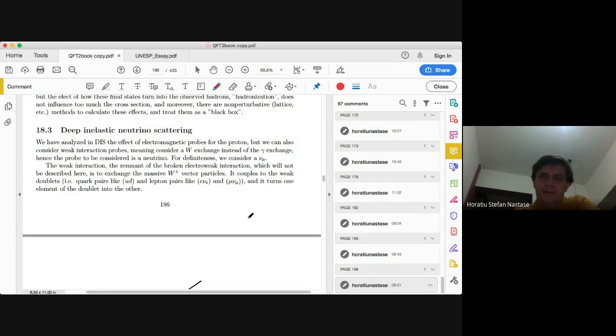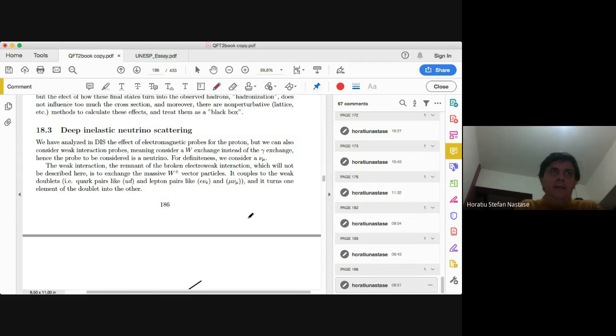But we can think of also probing the hadron, or particularly the proton, via the weak interaction, which means the exchange of a W, the W plus or minus, the particle describing the weak interaction, what we define to be weak interactions at small energies.